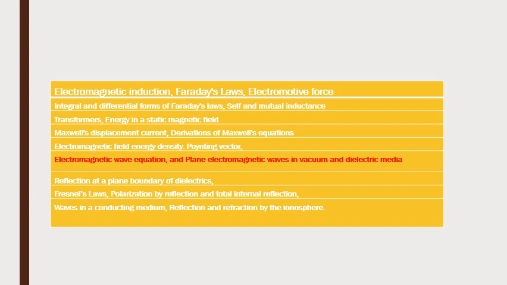Then we discussed Maxwell displacement current, derivation of Maxwell equations, electromagnetic field density, and Poynting vectors. Today we will discuss the electromagnetic wave equation.